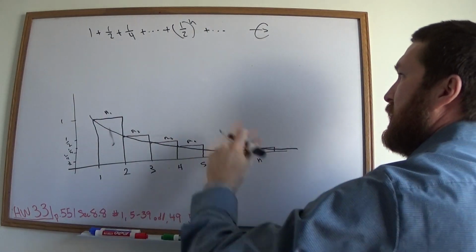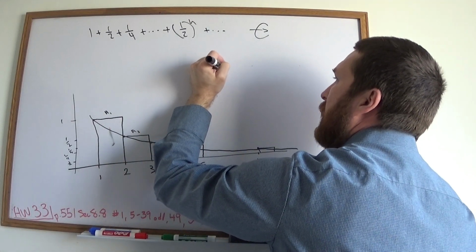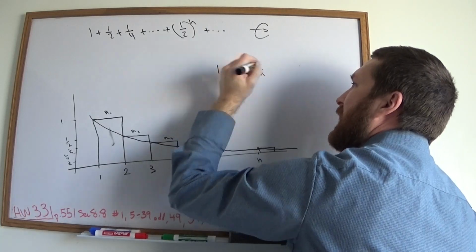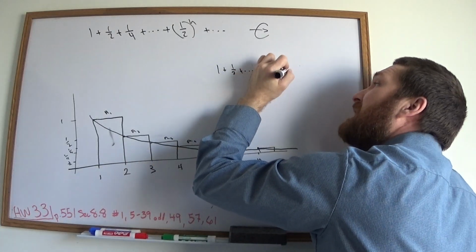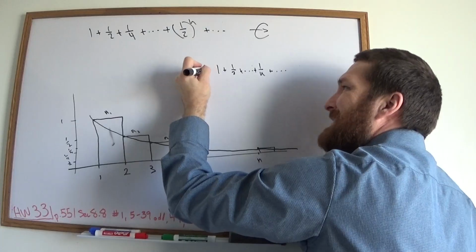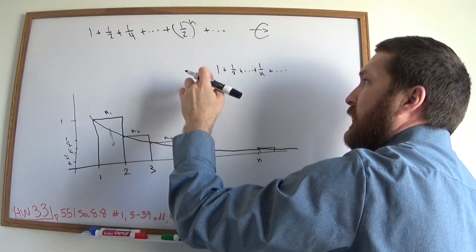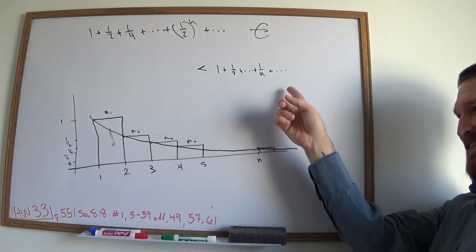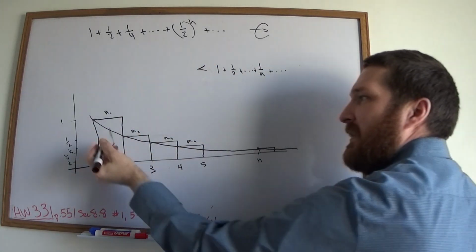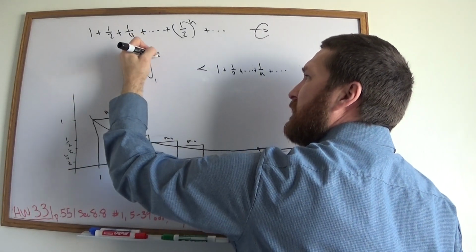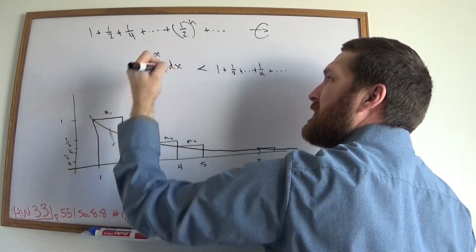So let me rewrite this. The area 1 plus 1/2 plus all the way up to 1 over n, and we keep going, is greater than the area under the curve from 1 up to infinity of 1 over x dx.